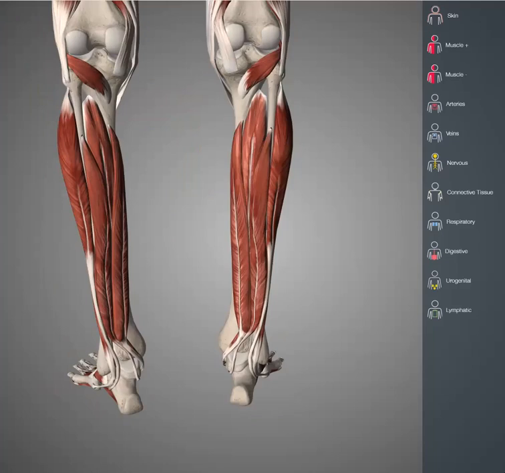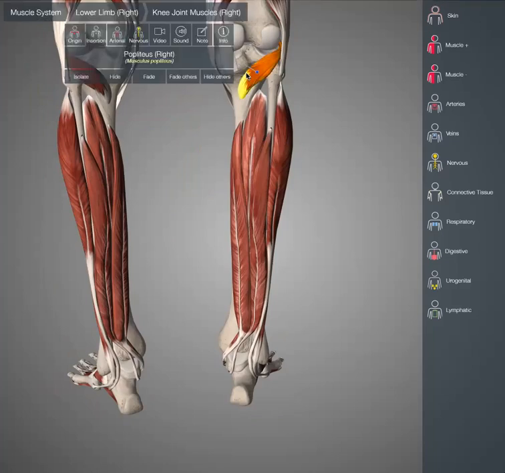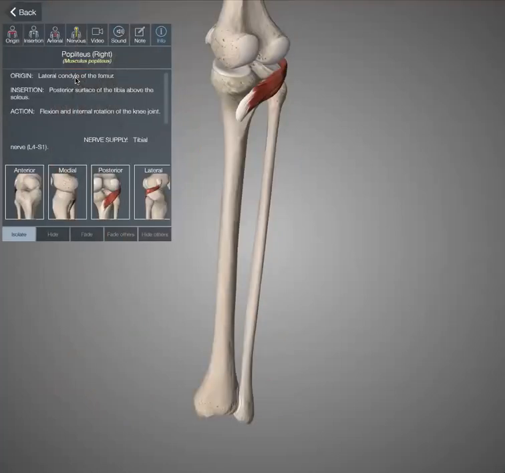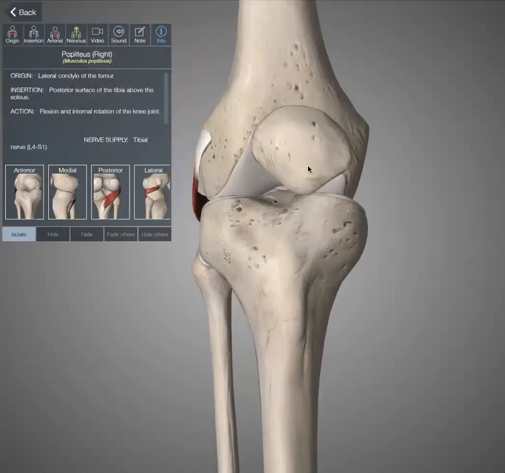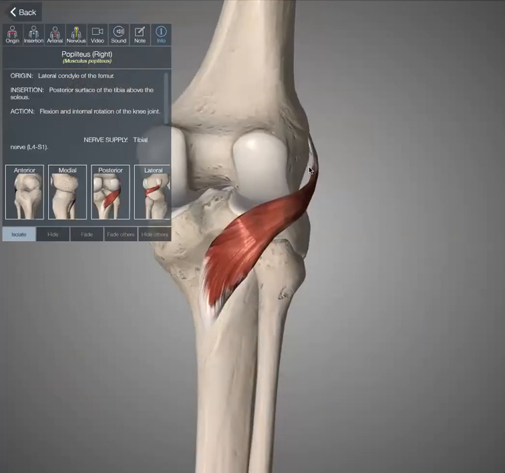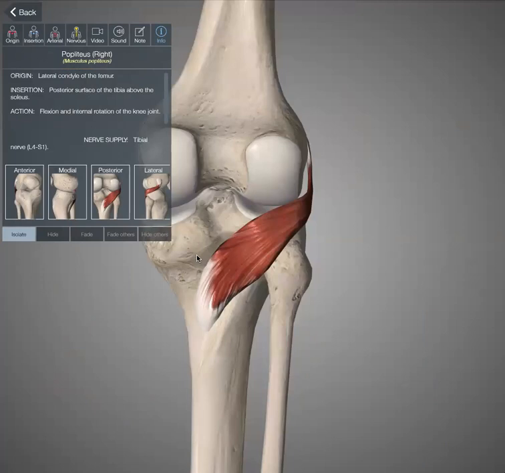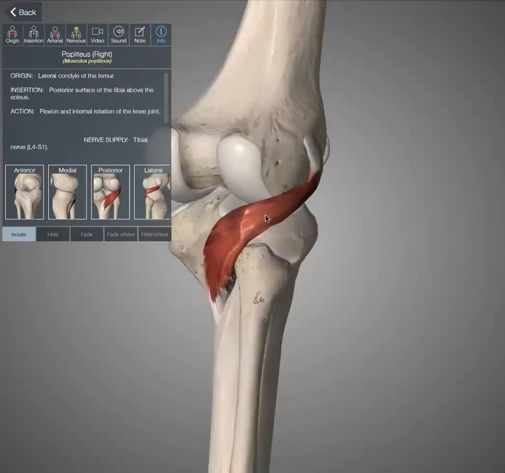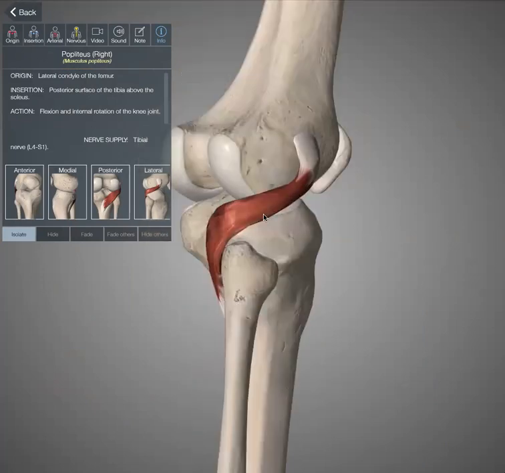The deep muscles, first we have the popliteus. The popliteus is located behind the knee joint and forms the base of the popliteal fossa. That's the popliteal fossa, and it forms the base of it. It originates from the lateral condyle of the femur.